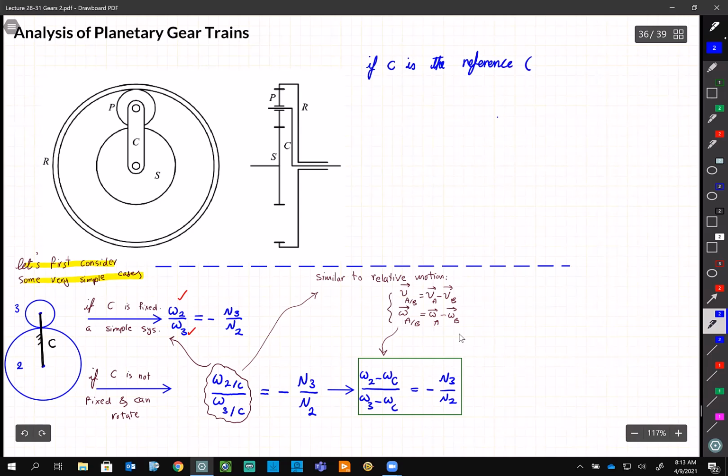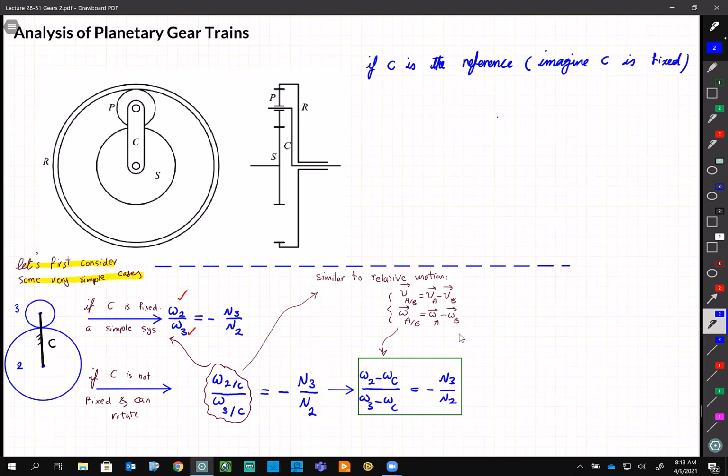Or in other words, imagine C is fixed. So you hold it with your hand.